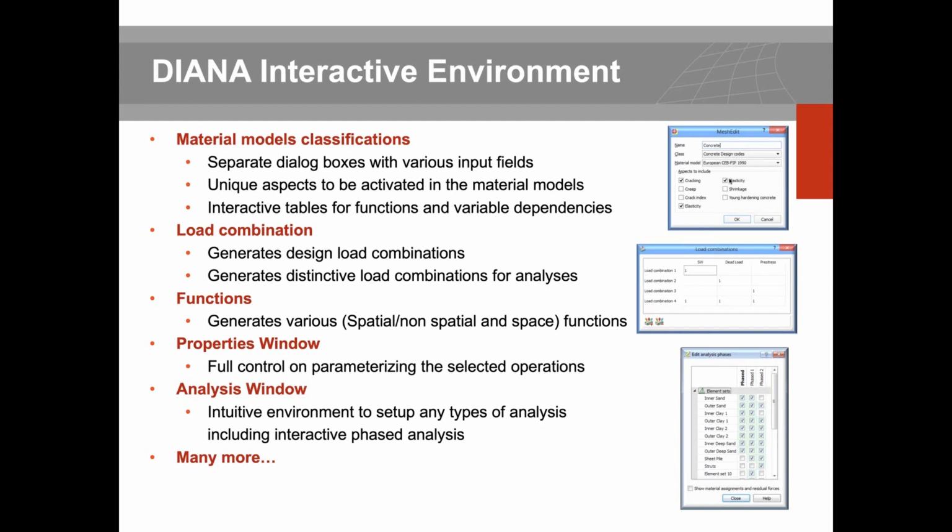In terms of load combination, you can generate distinctive load combinations for analysis via the load combination table, but you can also generate design load combinations as well. In terms of functions, you can generate various functions, such as a spatial, non-spatial, or space function. I will put that into application in our live demo today.